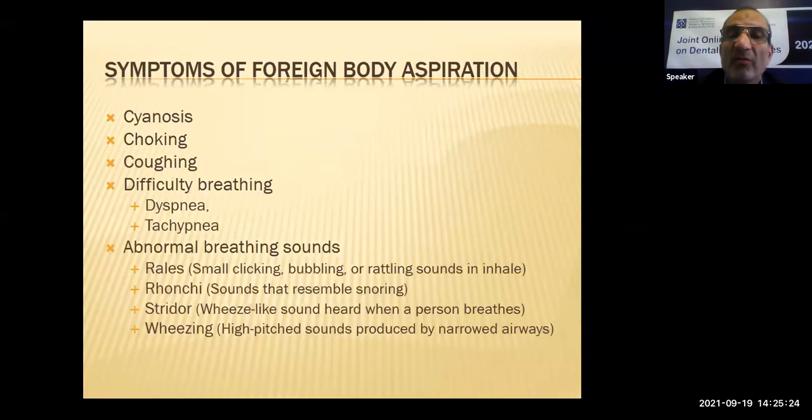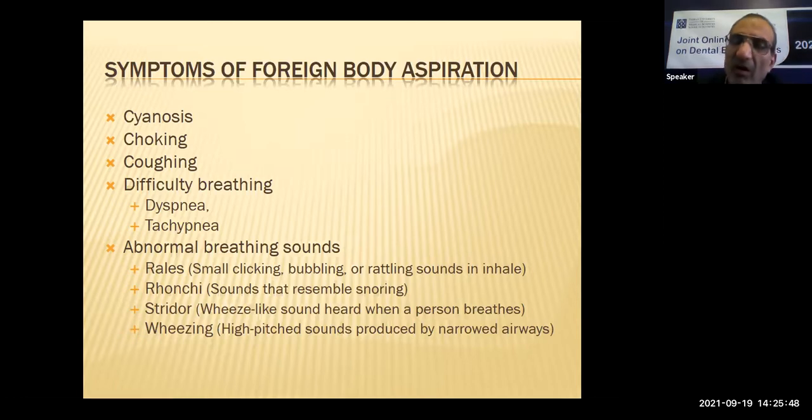Some symptoms of foreign body aspiration are cyanosis, choking, coughing, difficulty breathing, dyspnea or tachypnea, and some abnormal breathing sounds: rales, rhonchi, stridor, and wheezing.